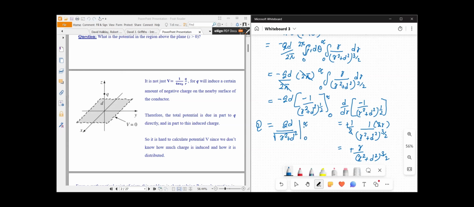If I apply infinity to r, this term will be 0, but when I apply 0 to this term, we have minus qd over the square root of d squared, so we have d. So d cancels out. The final answer will be minus q.